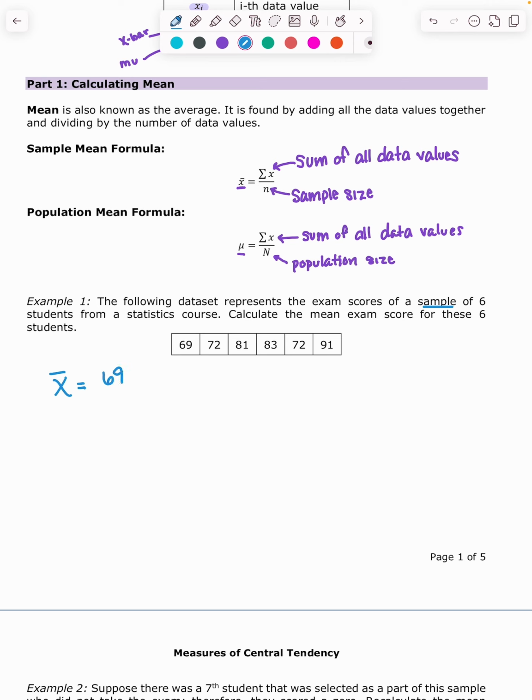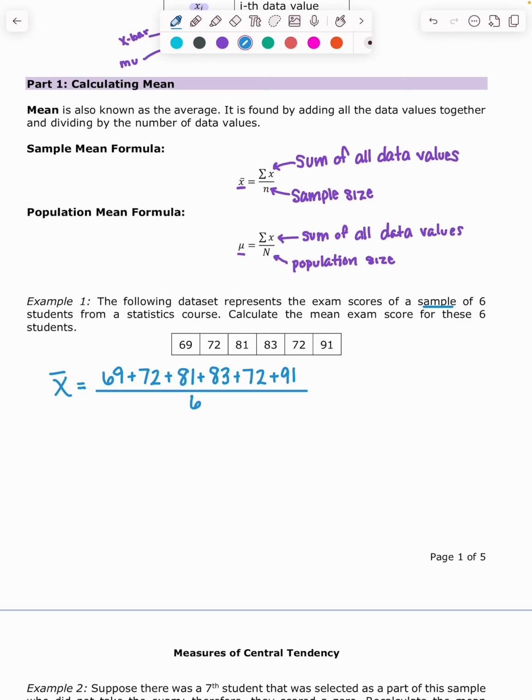It doesn't matter what order I write this down in. Ooh, that's a funky looking 8. And then we're going to divide that by the number of numbers, which is 6.